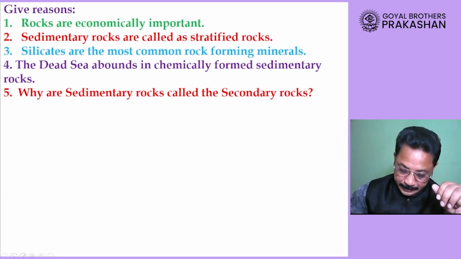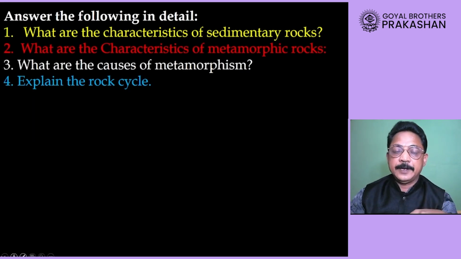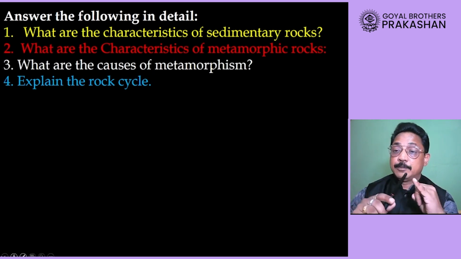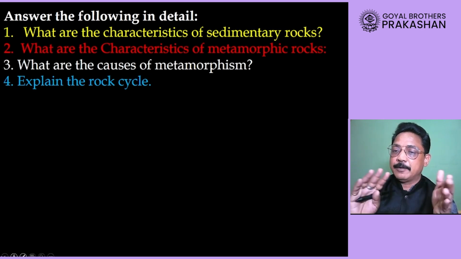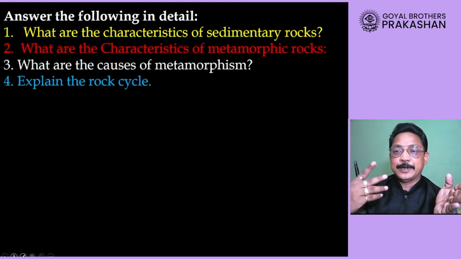Our next question here is, now answer the following in detail. Question number 1, dear student: what are the characteristics of sedimentary rocks? Characteristic number 1: sedimentary rocks are called secondary rocks because they are formed after the formation of primary rock.